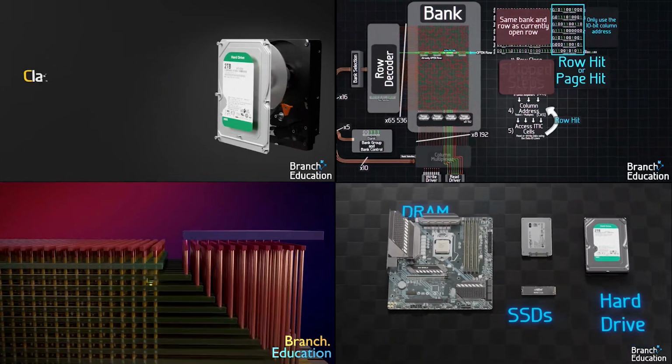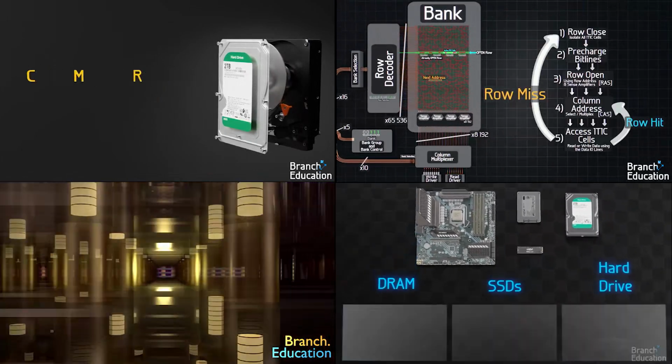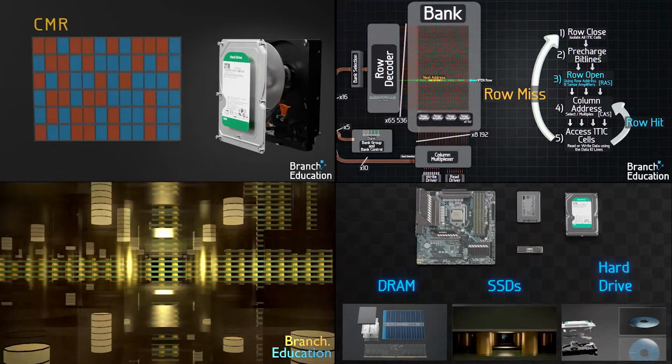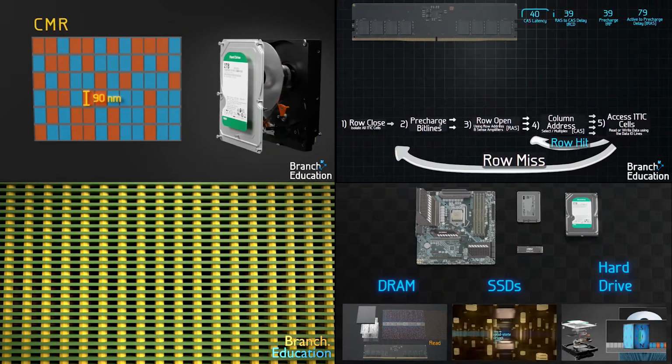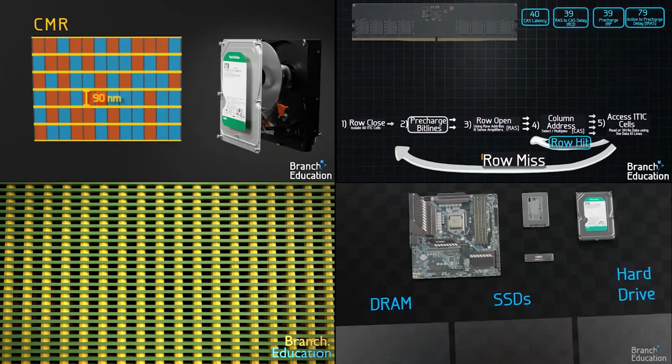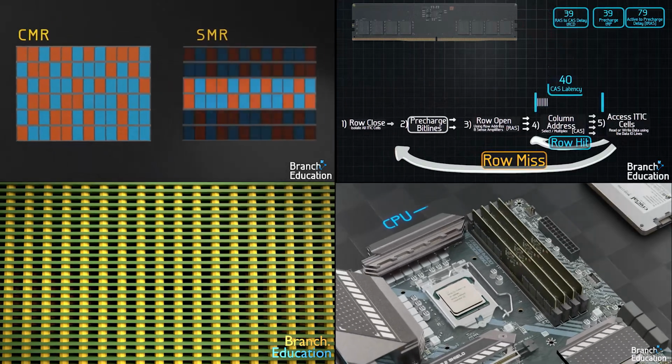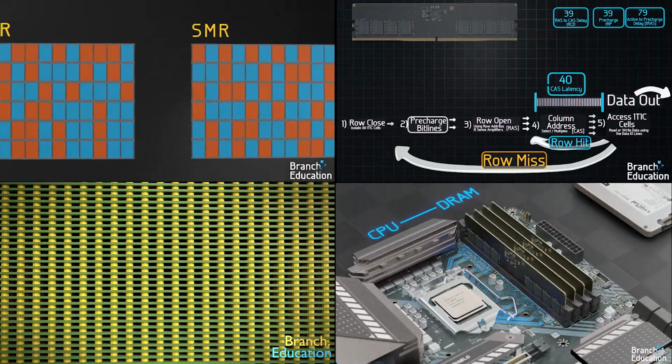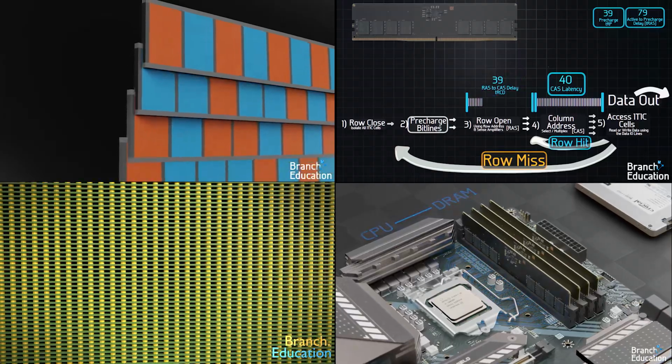We're not going to spend too long because we have an entire series of videos on solid-state drives, and then separate videos covering DRAM and hard drives. But quickly, the CPU communicates directly with the DRAM through memory channels running inside the motherboard.